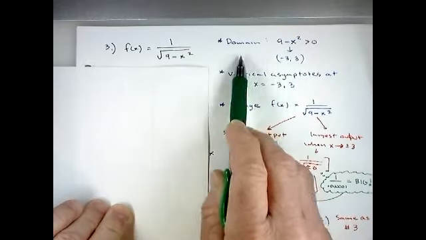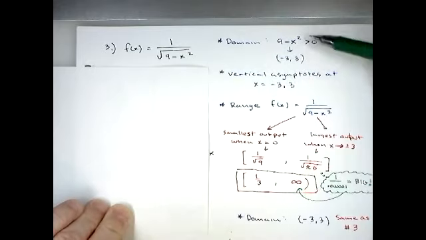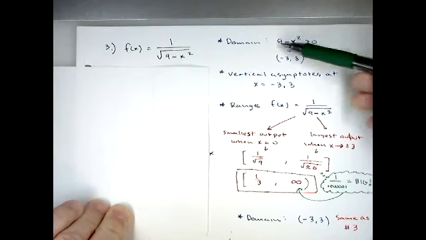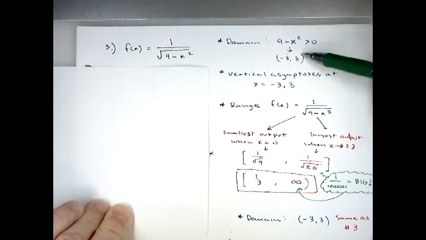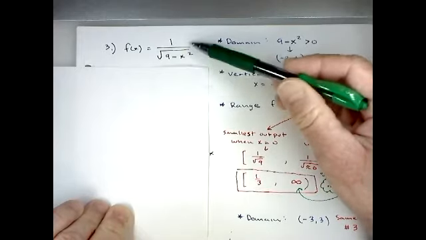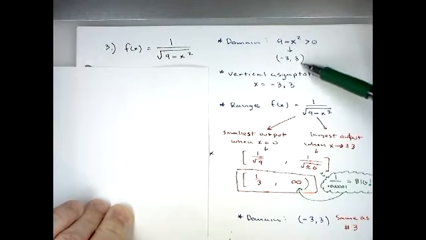You can do a number line technique like we did on the last video, or if you just think about it, what numbers would make this true? They would have to be numbers between -3 and +3, not including. Again, if x was 3, the denominator would be 0, and I would be dividing by 0, which is not allowed. So that's why we're taking off. The parentheses means not including, either 3 or -3.